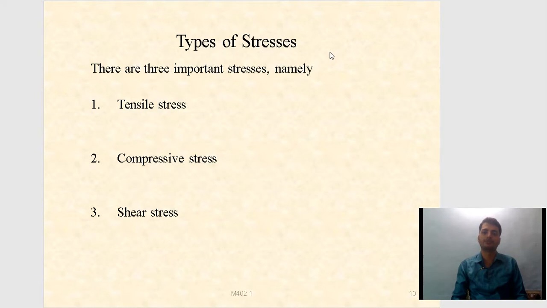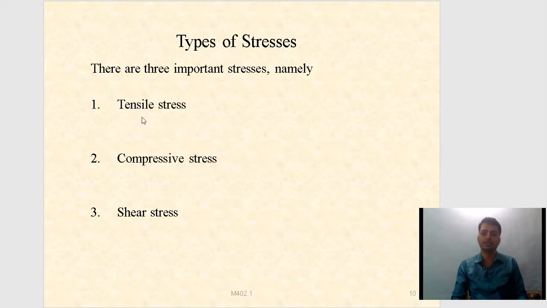And next is types of stresses. These are the very important stresses which will cover the entire syllabus, so each topic is very important. Like tensile stresses. What is a tensile stress?